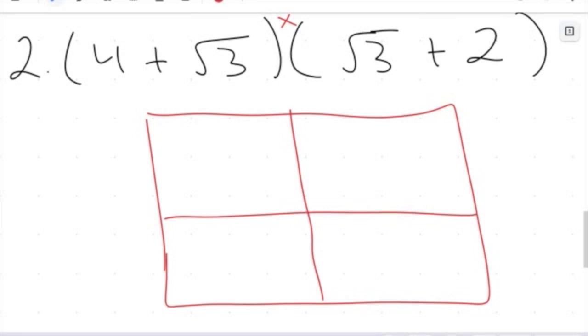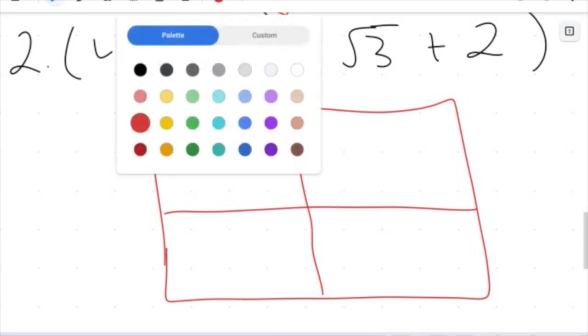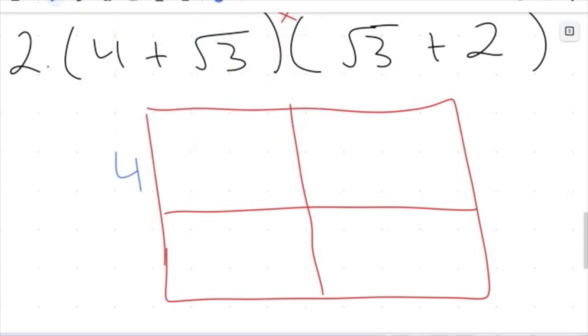So anytime two things are getting multiplied, we can think of it geometrically as an area, because with an area, we are multiplying one dimension by another. So we can have this 4 plus root 3 as one dimension. So we have 4 with an additional root 3 being added.